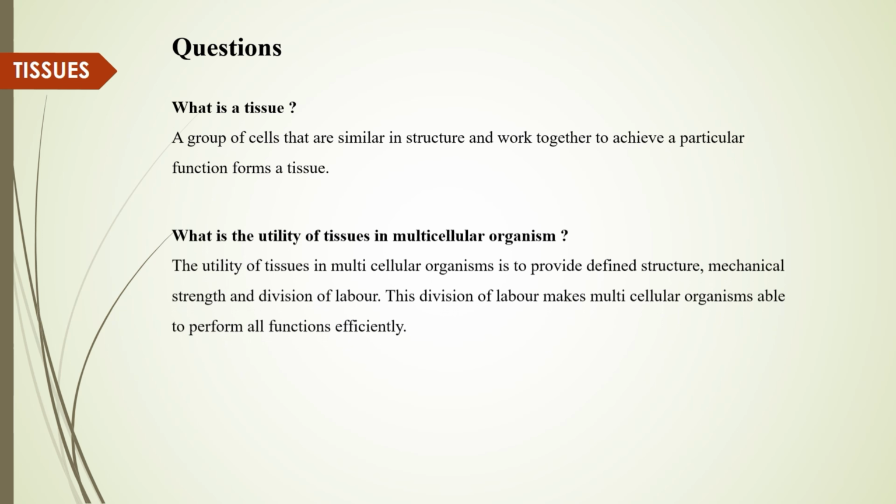The utility of tissues in multicellular organisms is to provide defined structure, mechanical strength, and division of labor. This division of labor makes multicellular organisms able to perform all functions efficiently.